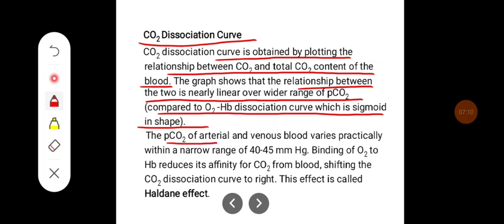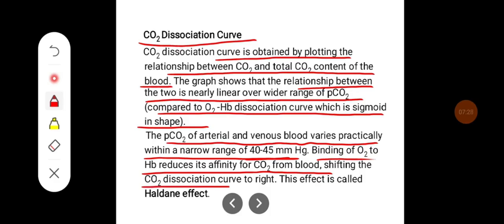The PCO2 of arterial and venous blood varies practically within a narrow range of 40 to 45 mmHg. The binding of oxygen to hemoglobin reduces its affinity for carbon dioxide from blood, shifting the carbon dioxide dissociation curve to the right, and this is called Haldane's effect.